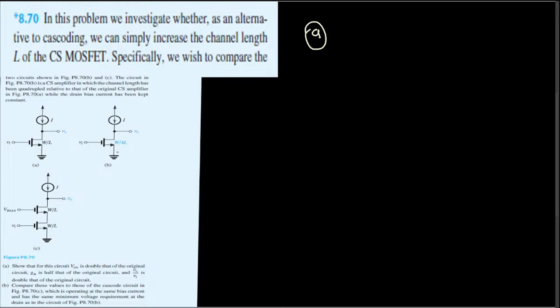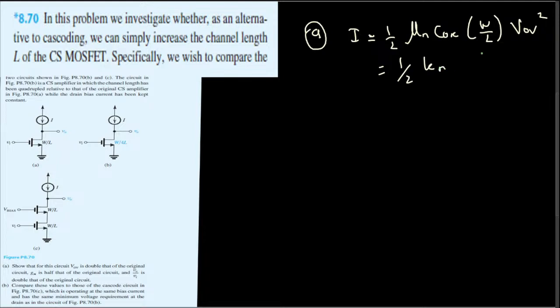The only difference I am seeing here is this is W over 4L and this one is W over L. And the current equation, this is an NMOS, is I equals half times mu n Cox W over L times V overdrive squared. We can also write this as half Kn W over L V overdrive squared.